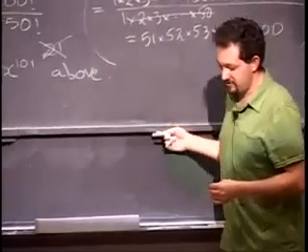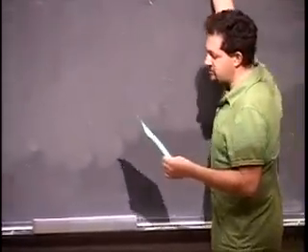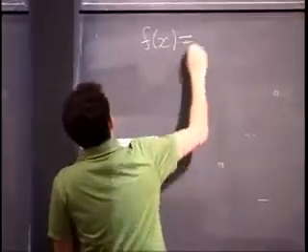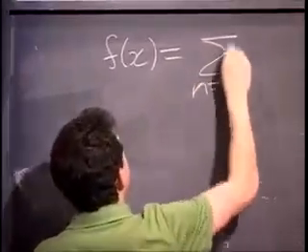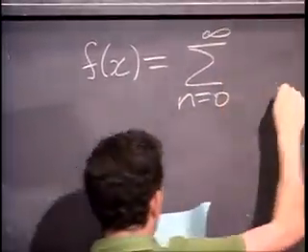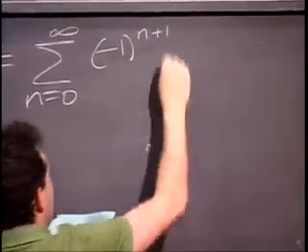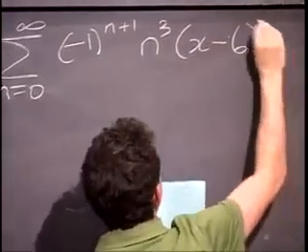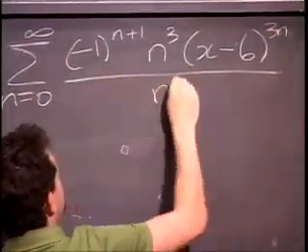All right, better do one more example. Sometimes these things come in sigma notation. Suppose I define f of x as the sum of minus 1 to the n plus 1, n cubed, times (x minus 6) to the power 3n, all over n factorial.